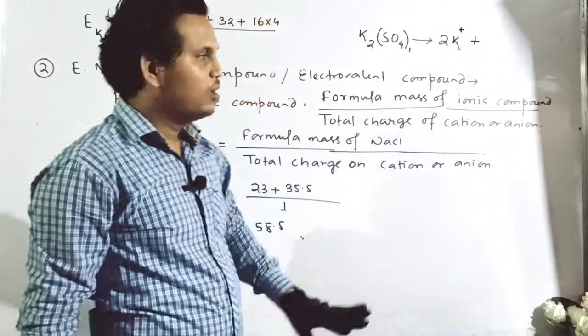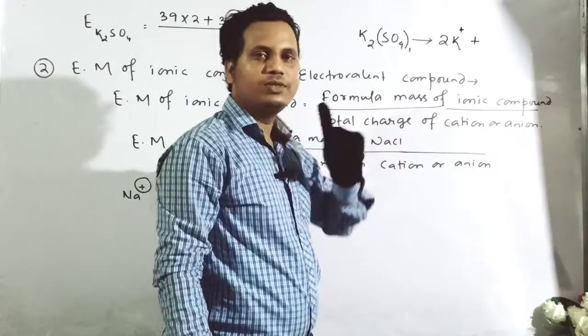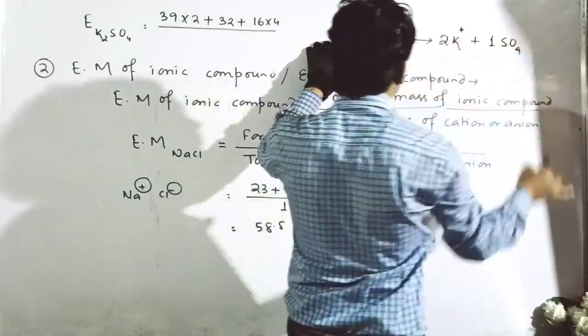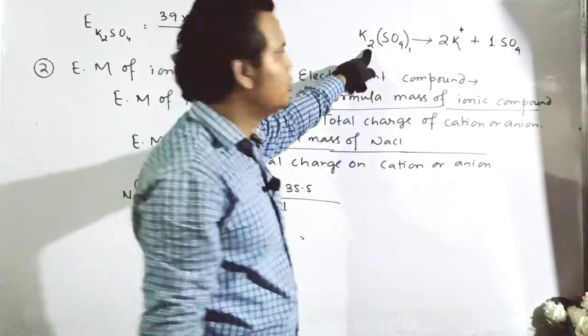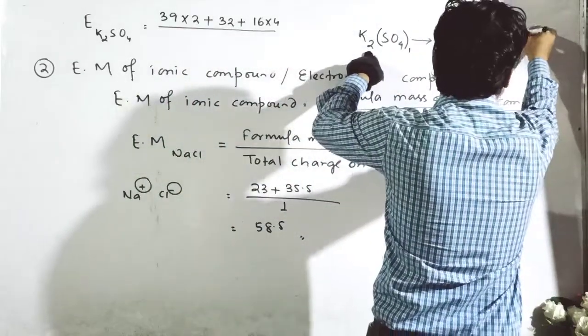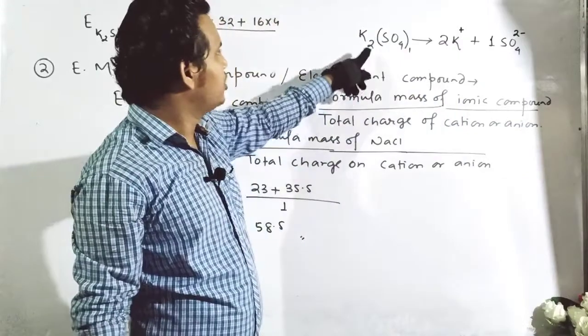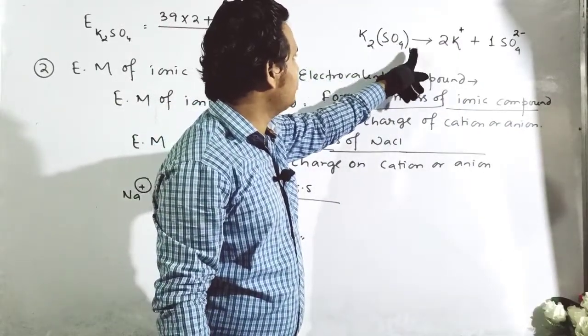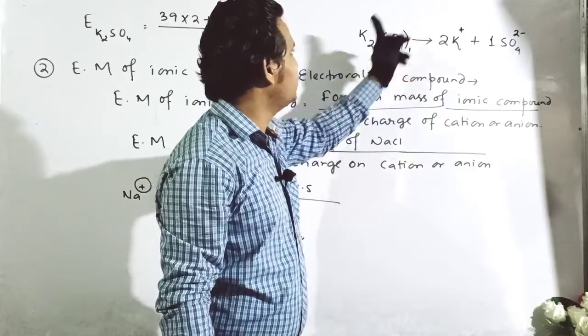Plus 1 time SO4, whose charge is 2 negative. So it is 2 times K positive plus 1 time SO4 2 negative.